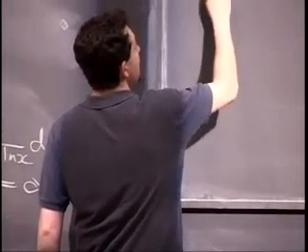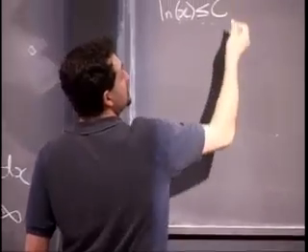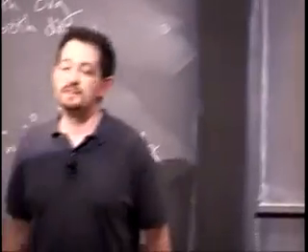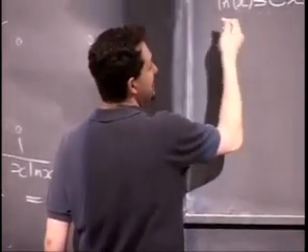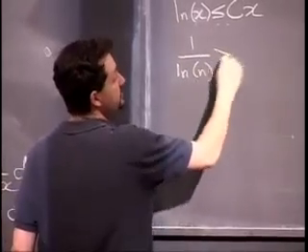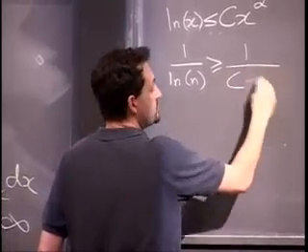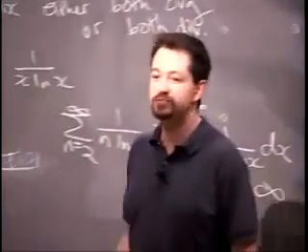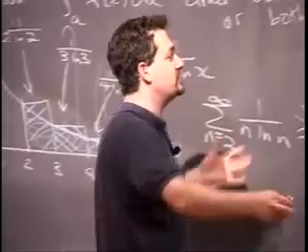That log of n, or log of x, I stated it, is less than c times any power of x, no matter how small. So, for example, if you have a sum involving 1 over log n, you could use, if it was necessary, the fact that this is greater than 1 over C n to the alpha, where you get to choose the alpha. That's an example.